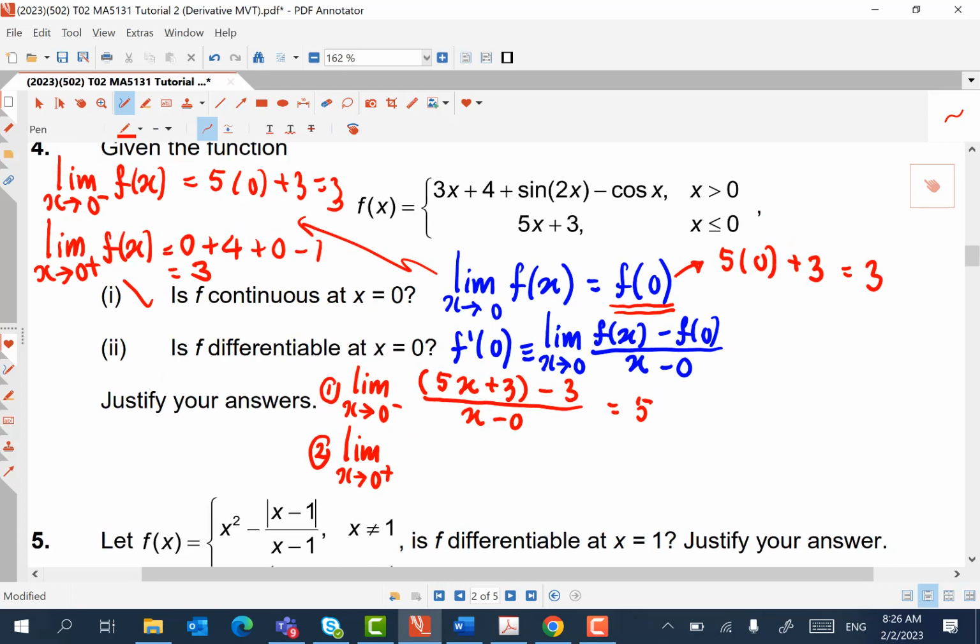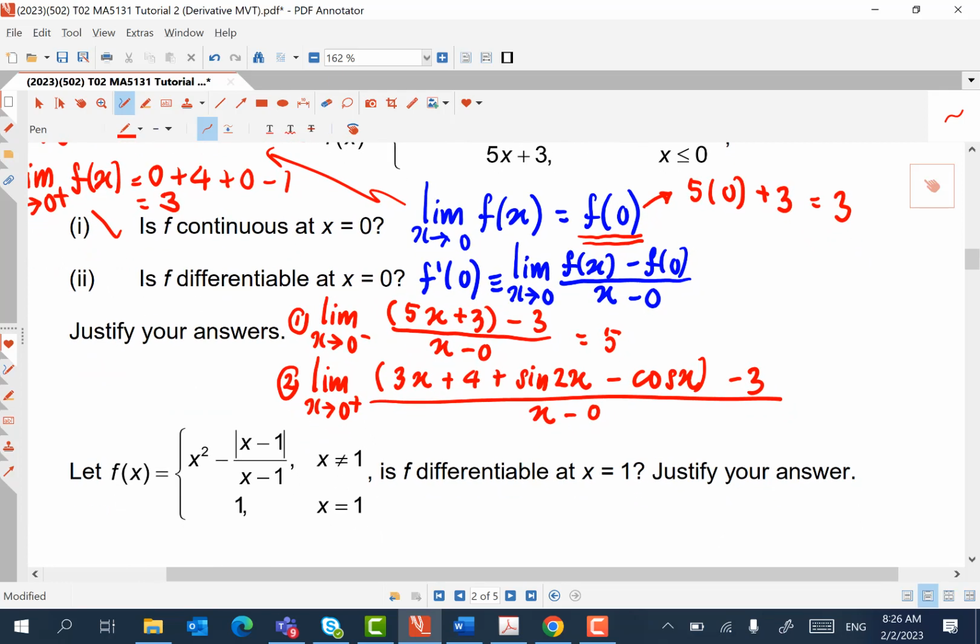For the right limit, you have to use the other function. It's quite lengthy to write now: 3x plus 4 plus sine 2x minus cosine x minus 3, over x minus 0.